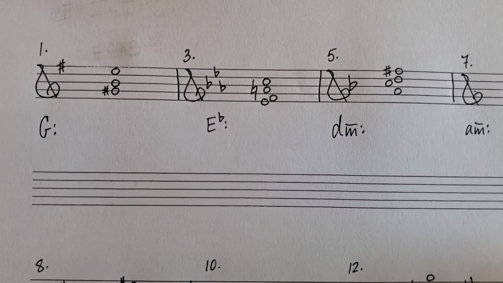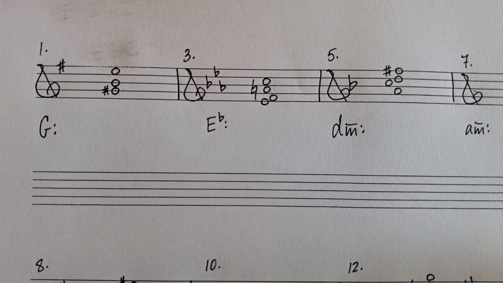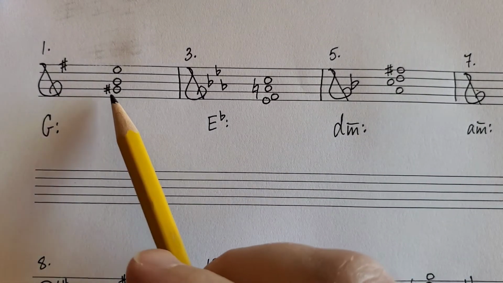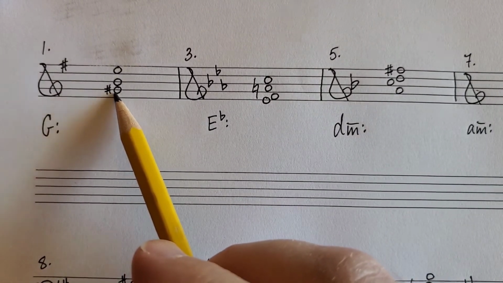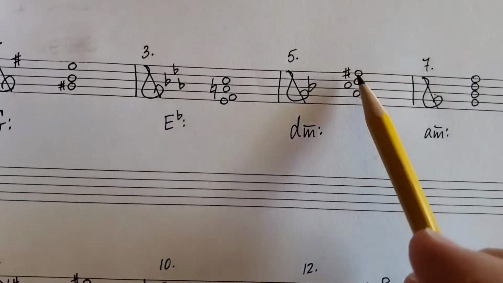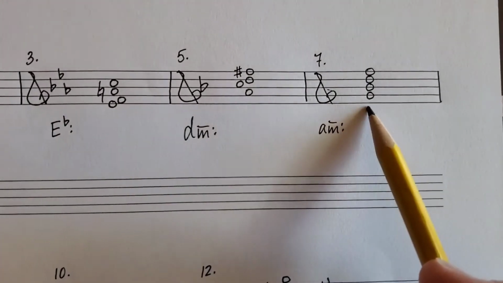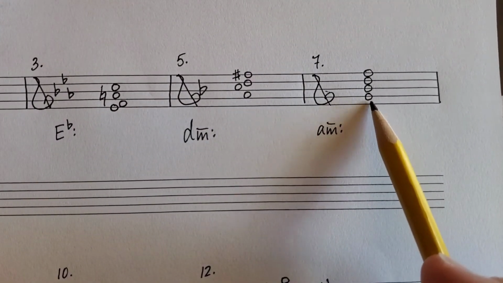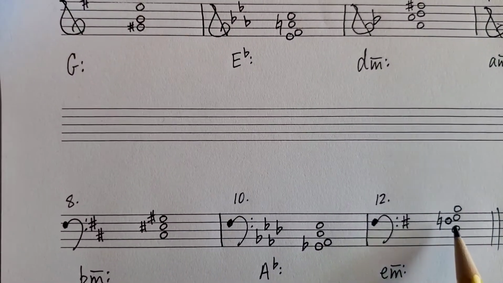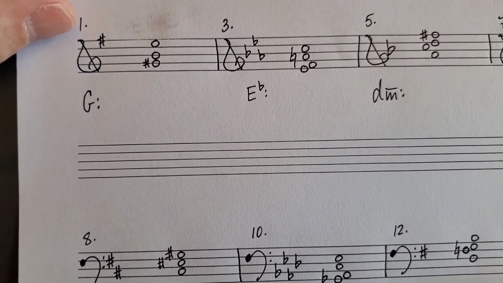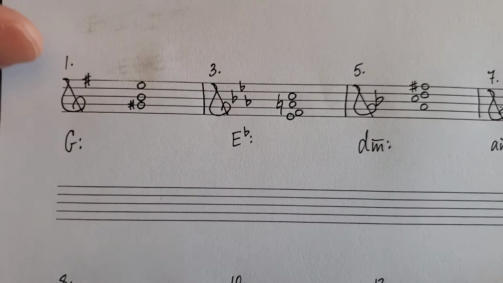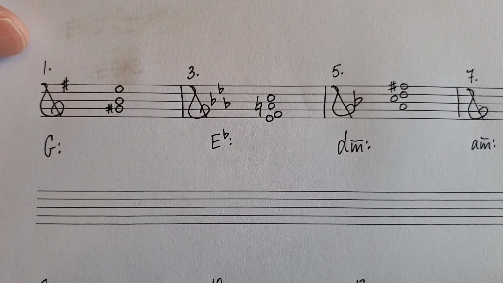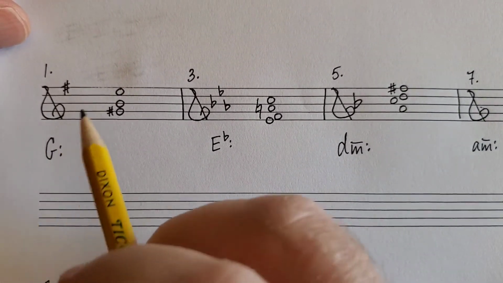Now, the other thing will be to notice that you have a note outside of the key signature. So notice how most of these, with the exception of this one, we talked about the exceptions earlier, most secondary dominants will have a note or more than one note outside the key signature. Okay, so let's take a look here.